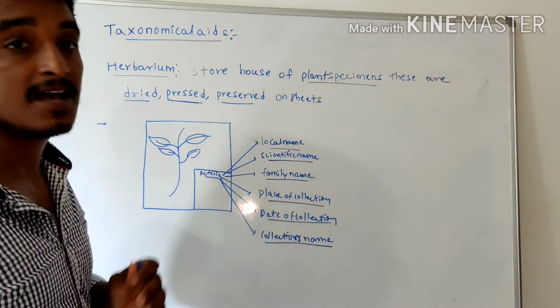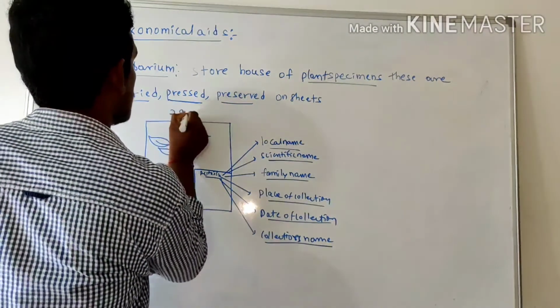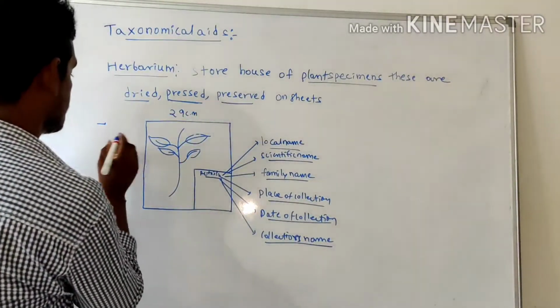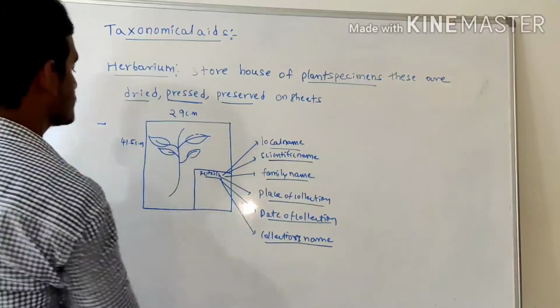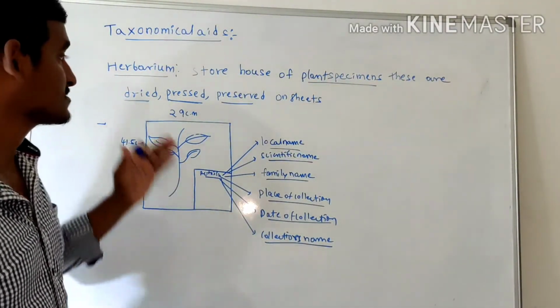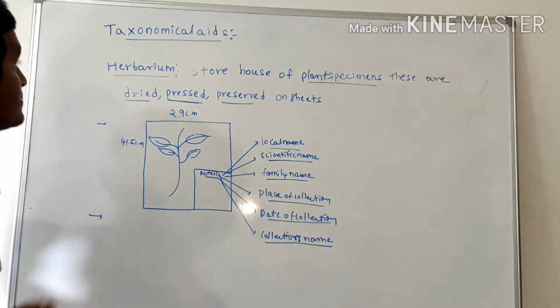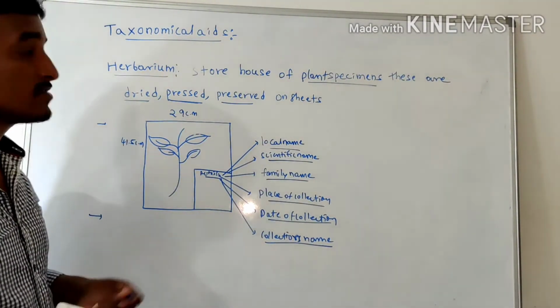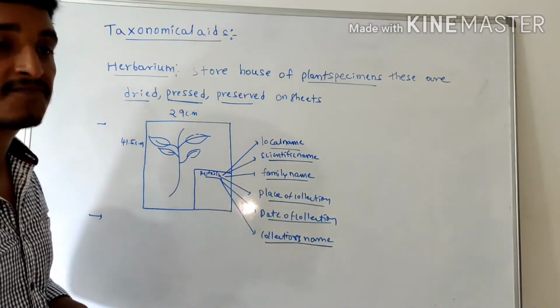What is the size of a herbarium sheet? The size of a herbarium sheet is 29 centimeter by 41.5 centimeter. It is the standard herbarium sheet size, right? How will we arrange all the herbarium sheets? These are arranged in a universally accepted system of classification.